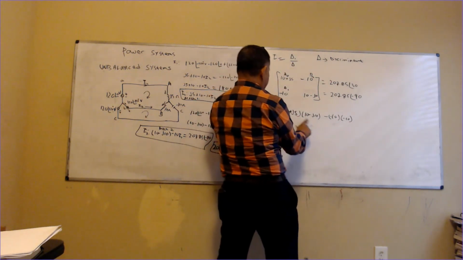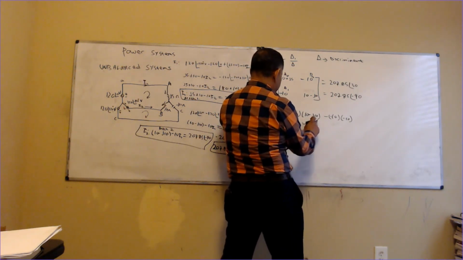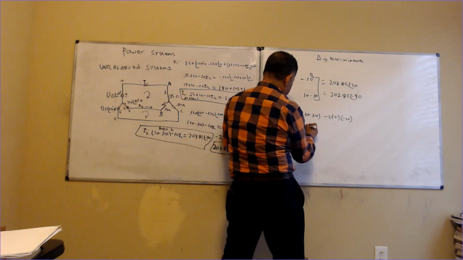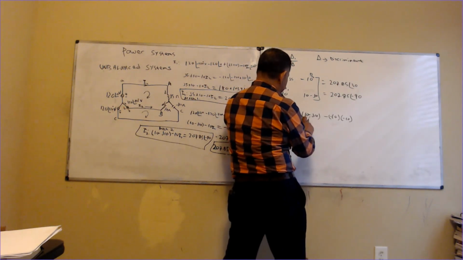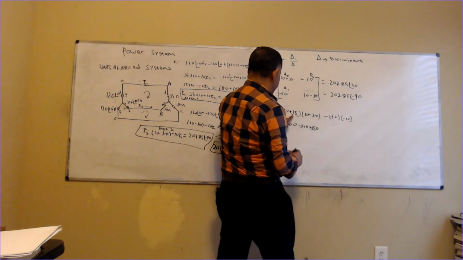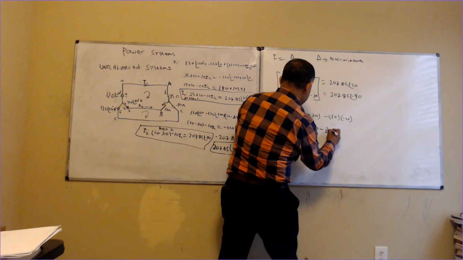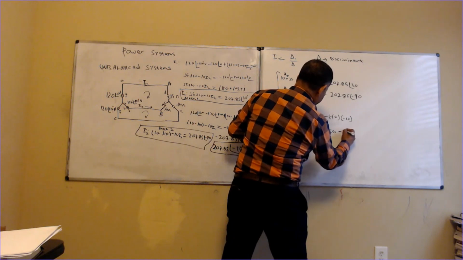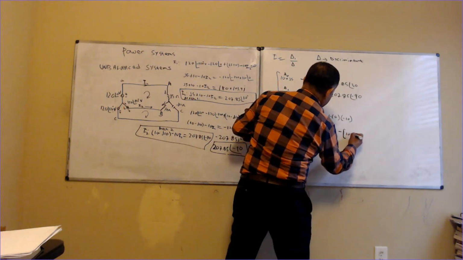Okay, so when I do this, this times this is 100, and this times this is 100J. Then this times this is going to be plus J50, and this times this is going to be minus J squared 50. And of course, this times this is going to be 100.